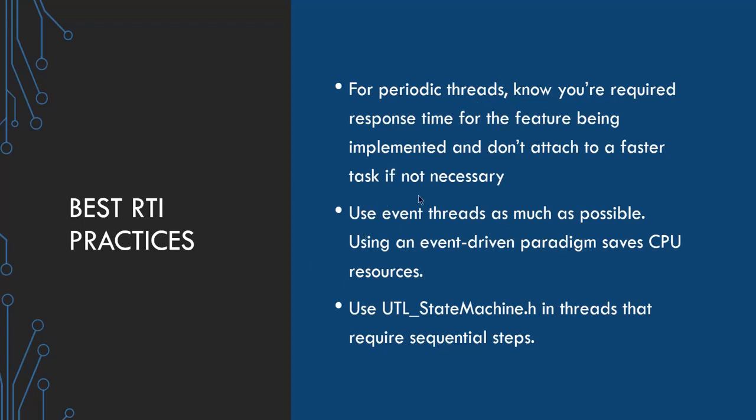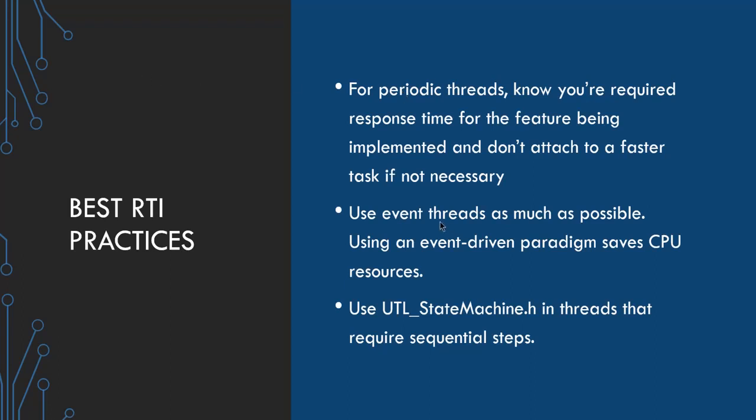But more importantly, use event threads, because this is where a lot of CPU clocks and processing is saved. You can either run periodic threads and poll data, and it's entirely possible that you'll poll quite a few times before you actually need to respond.